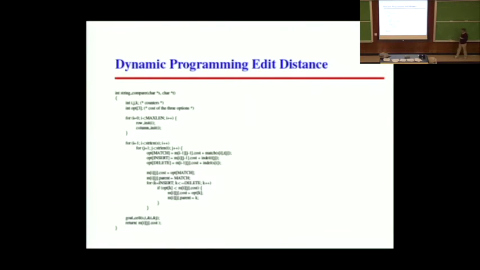Okay, actually this should be starting here, to be precise with my indices. What's the cost of editing an A into an A? Well, you say it's 0. I can't say that. I can say it is the minimum of 3 possibilities.